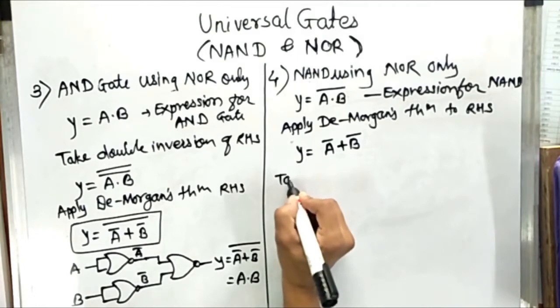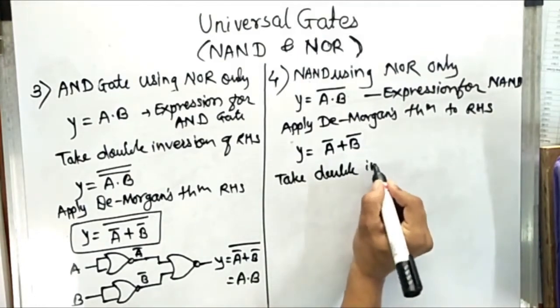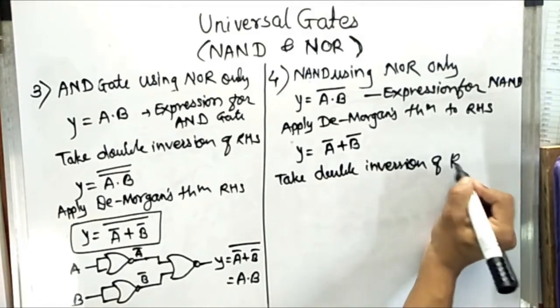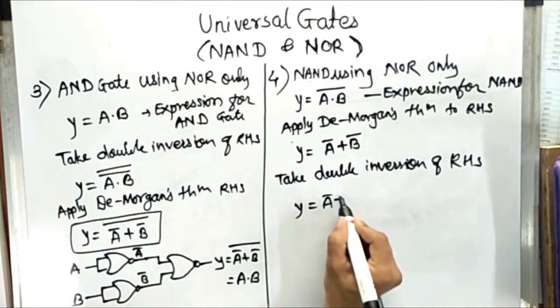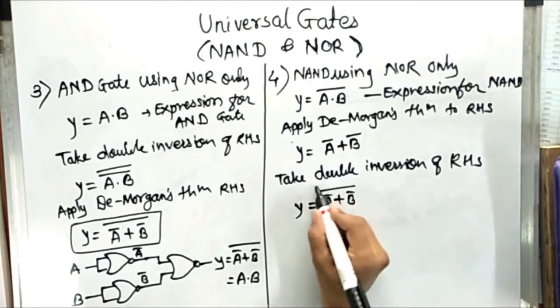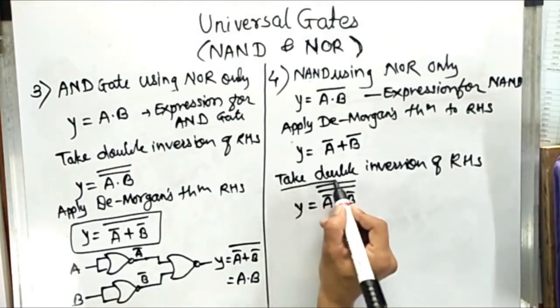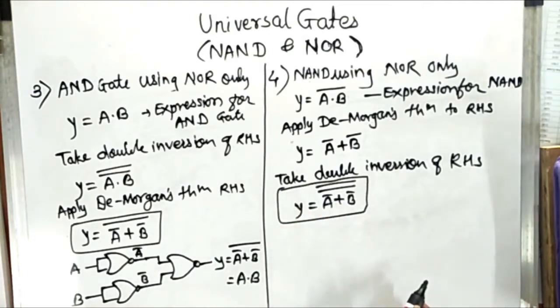Now take double inversion of this RHS. So we get Y equal to A complement plus B complement double complement. So this is the required expression to construct a NAND gate using NOR only.